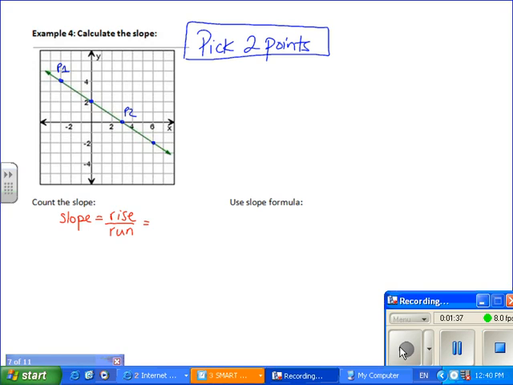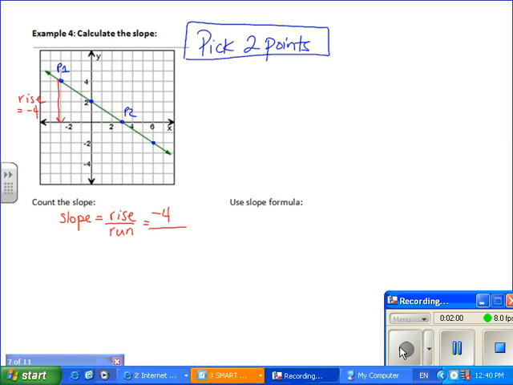The rise is the change in y. So I'm asking myself, by how many do I have to go up or down to get from point 1 to point 2? Well, I can see that I have to go down all the way to here. There is my rise. My rise is negative. I'm going down 1, 2, 3, 4 points from 4 to 0. So my rise is negative 4.